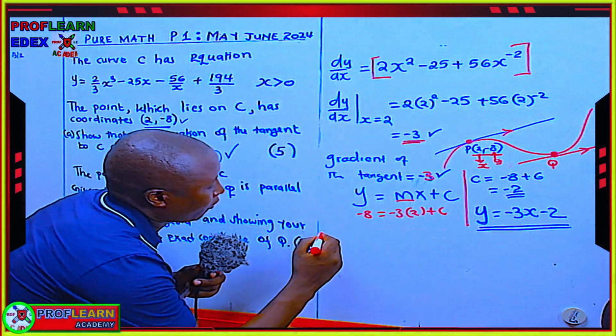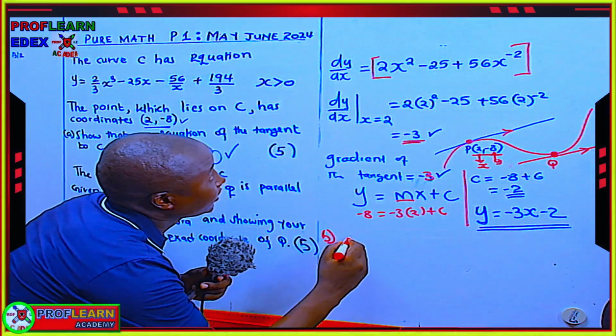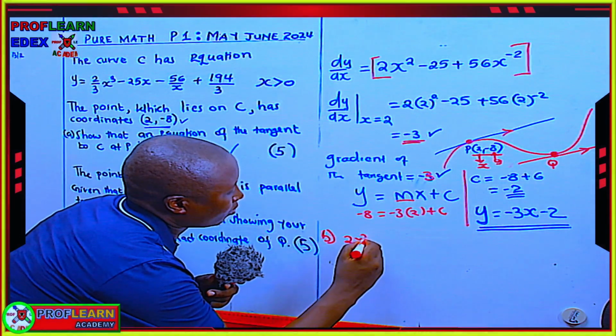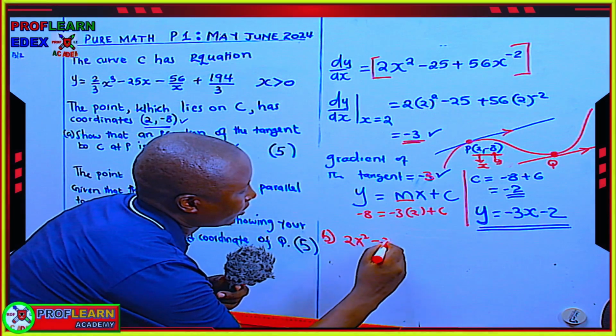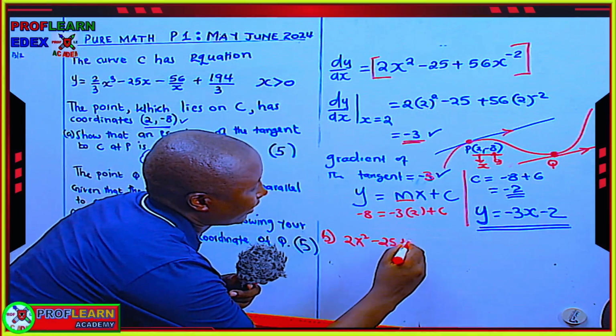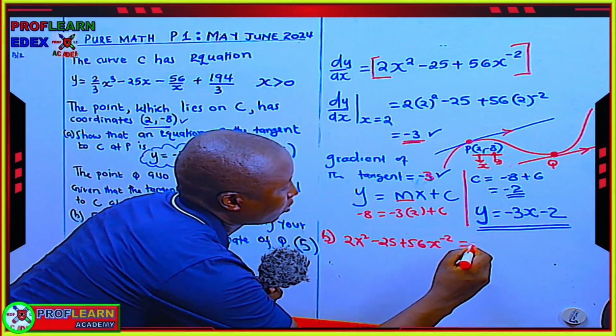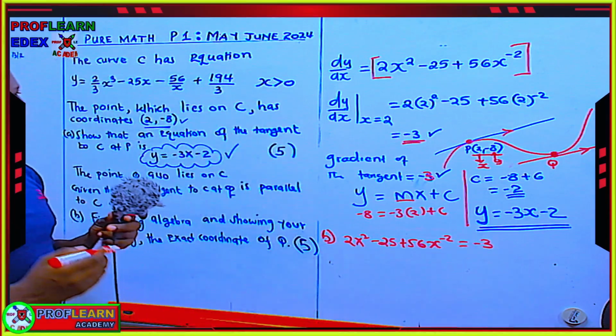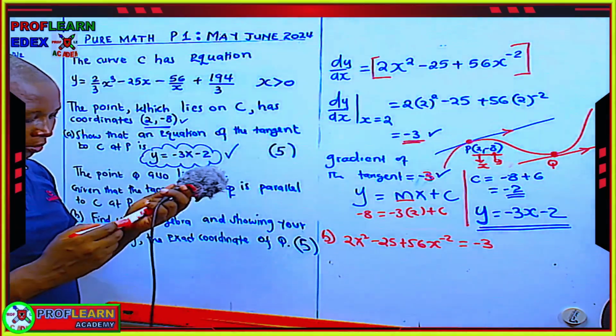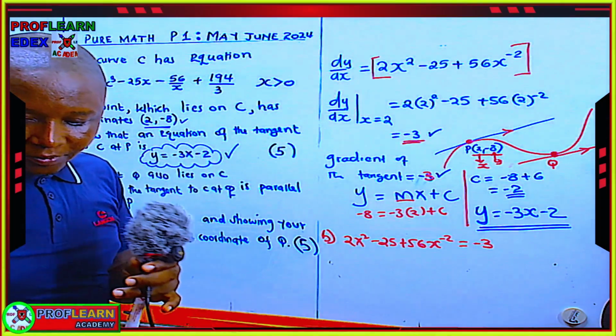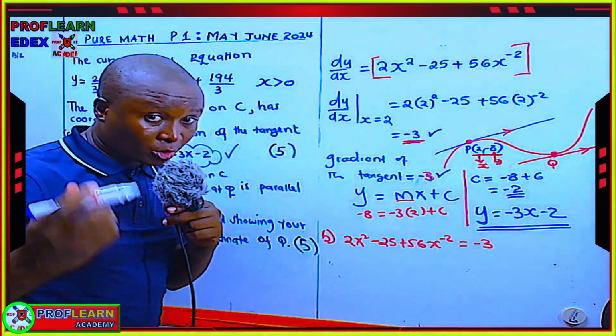So for part B, we shall take 2x squared minus 25 plus 56 x -2 is equal to -3. So this is the equation that we have to solve.